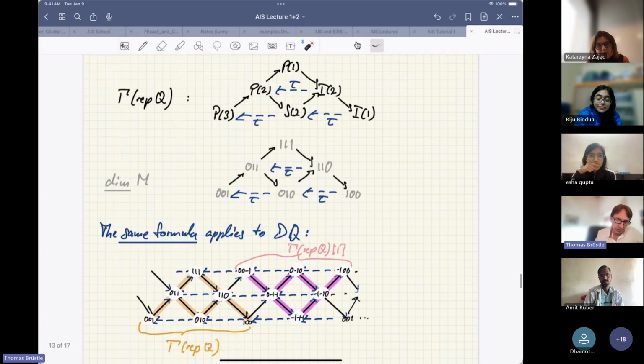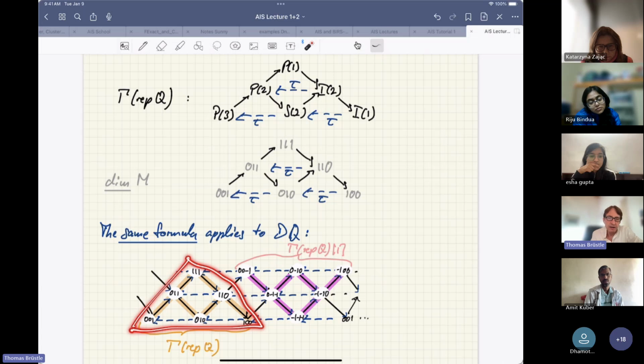And this is what Amit was saying. The same formula applies to the derived category. Just as when you did the knitting procedure before, we can do knitting here. If I apply knitting to this triangle, what would I get? I say that one is 111, this one is 101.